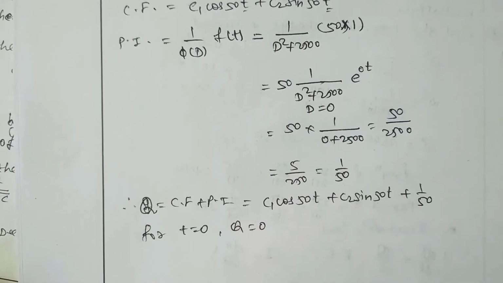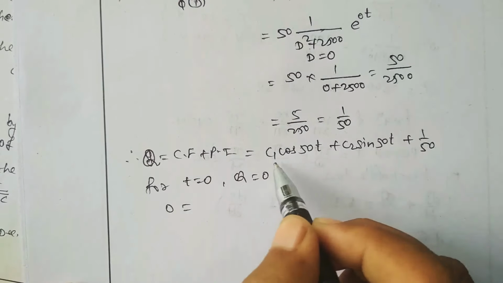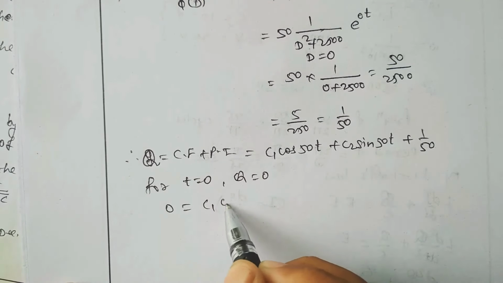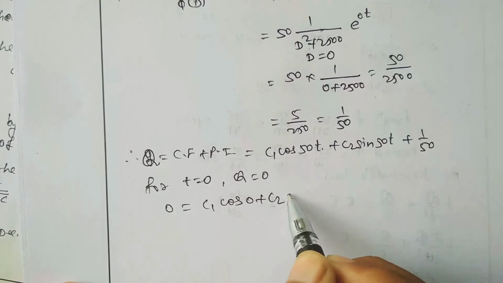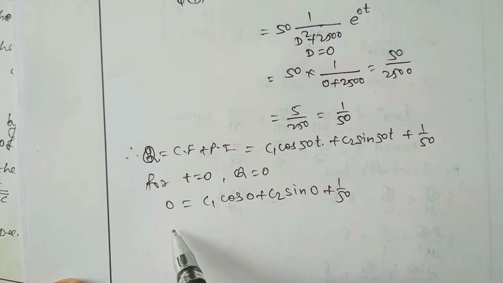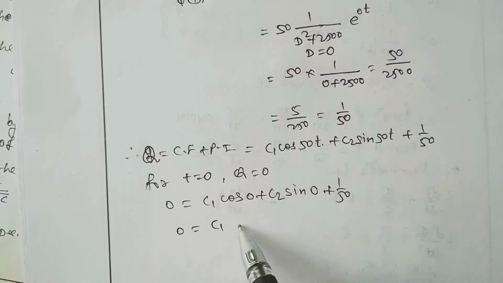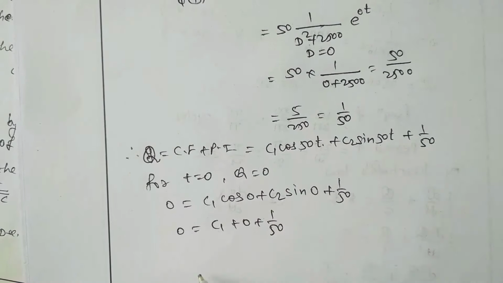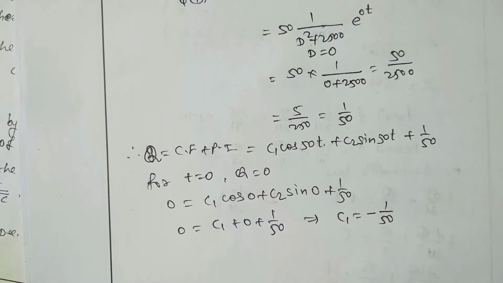So put in this equation, we will get 0 is equal to C1 cos of 50 into 0, that is cos 0 which is 1, plus C2 sin 0 which is 0, plus 1 upon 50. So this implies the value of C1 is minus 1 upon 50.